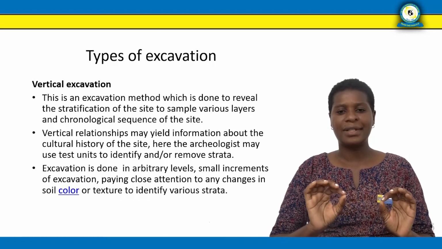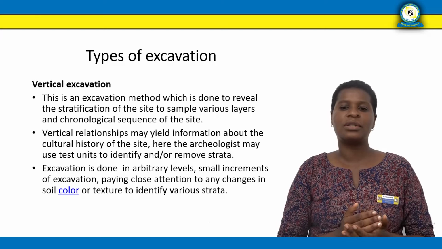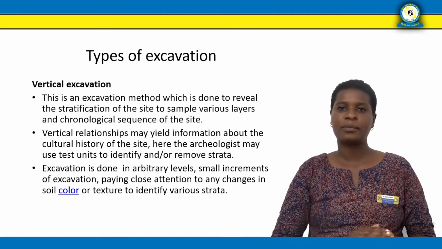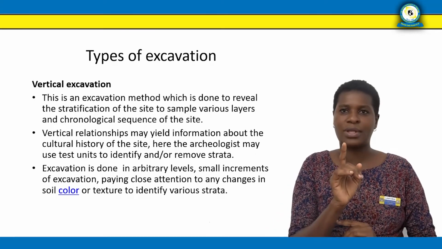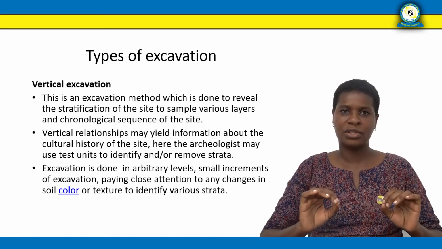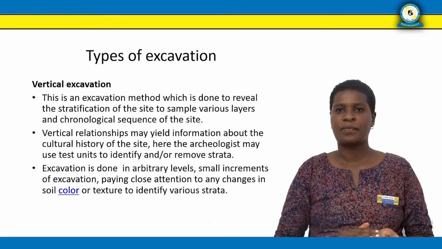So it is done very carefully and paying close attention to any changes you encounter at every level. Even the change of soil color tells something to an archaeologist. So if the color changes, someone has to pay attention and see what is happening at this level.